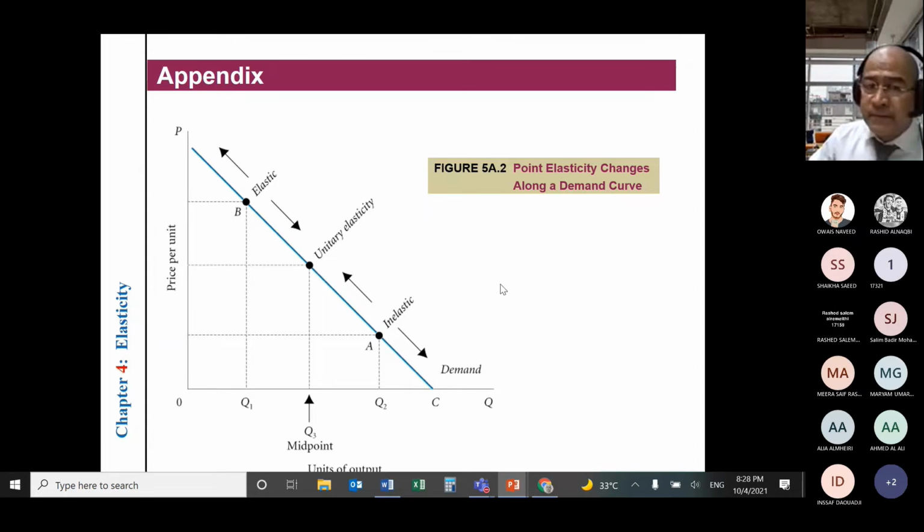The elasticity at the midpoint of the demand curve is called unit elastic. The elasticity equals 1. In the upper portion of the demand curve, demand is elastic, more than 1. In the lower portion, demand tends to be inelastic, less than 1.